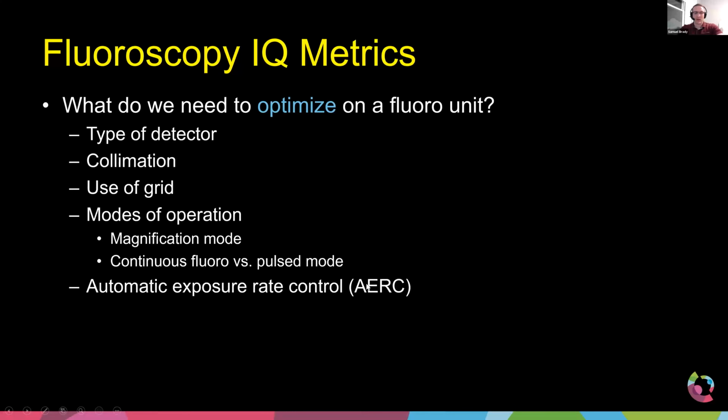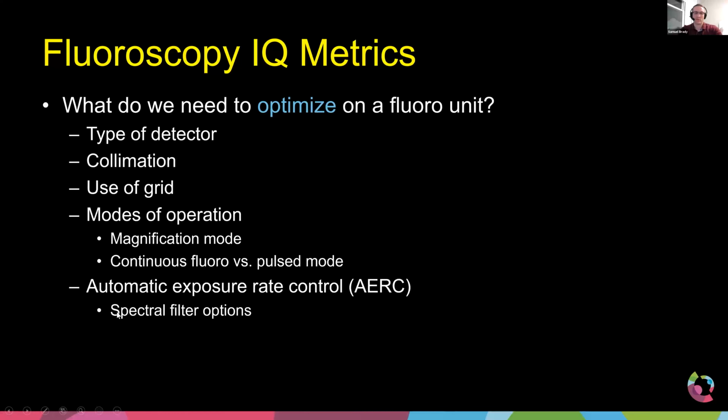And then we're going to talk about how the system controls the kV and the mA. The system itself, we used to call it the auto brightness control, ABC. That's kind of an older acronym. The more modern acronym is the automatic exposure rate control, or the AERC.